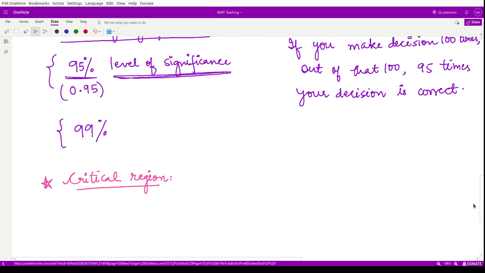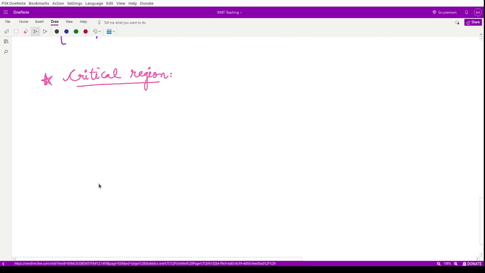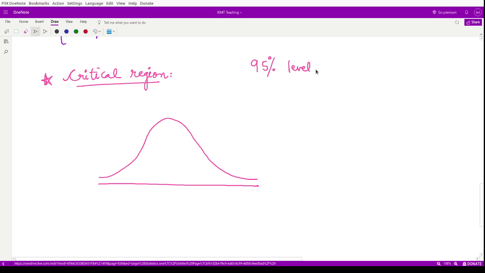So for this critical region, we see this distribution, and for this particular distribution, say I wanted to test for 95% level of significance. I will go to the tabular value for this 95% level of significance and see what the tabular value is.